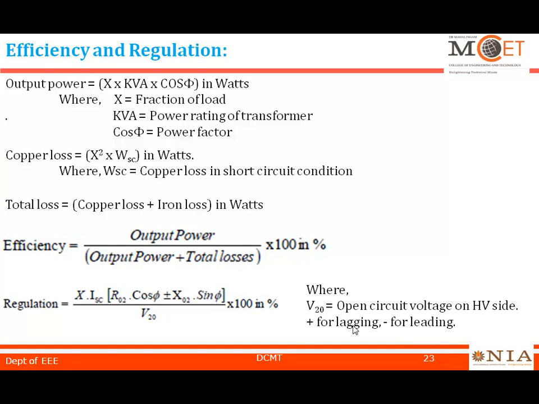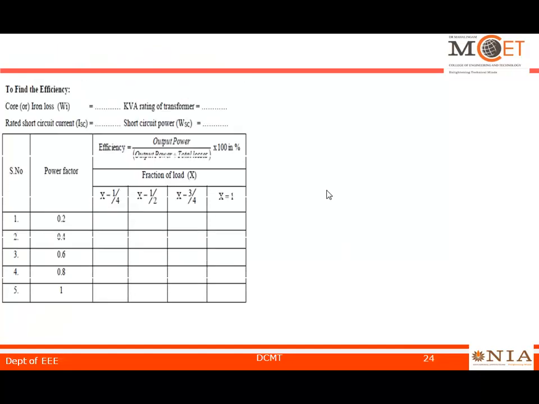This is very important for finding the efficiency and regulation. From this data you can tabulate. We are going to assume the power factor as 0.2, 0.4, 0.6, 0.8 and 1. The load I am going to assume as 1 by 4, 1 by 2, 3 by 4 and 1. This is the fraction of load I have assumed.